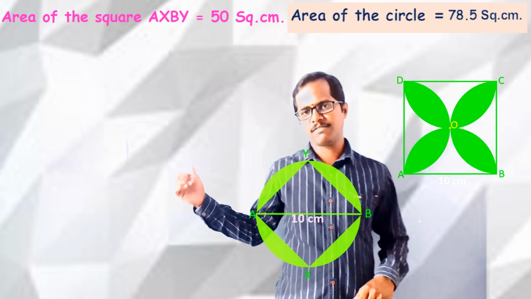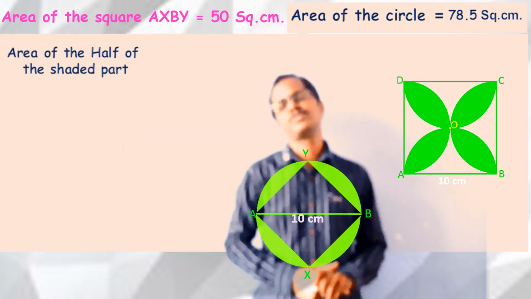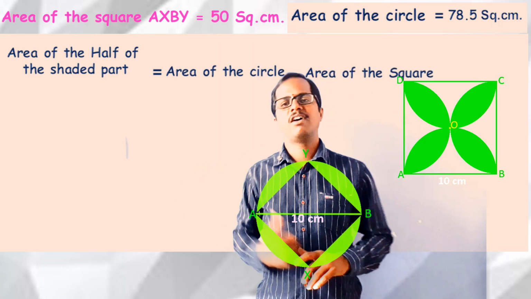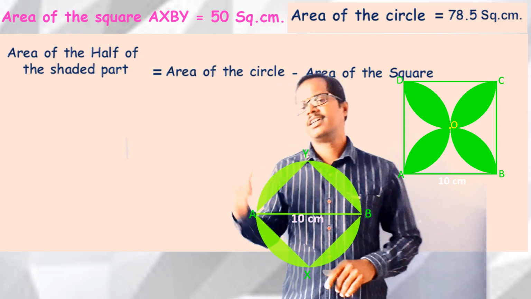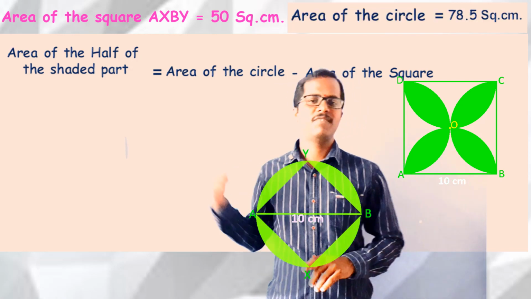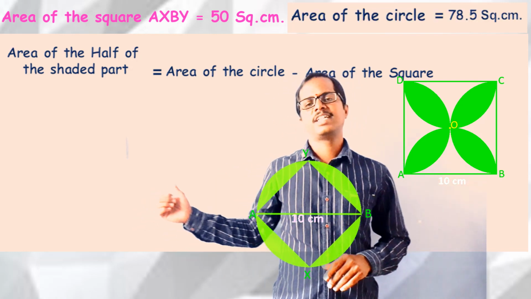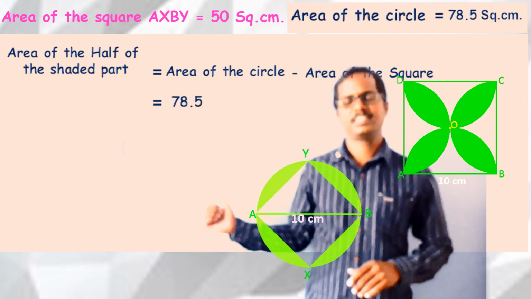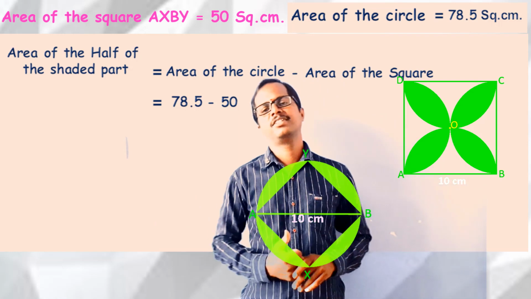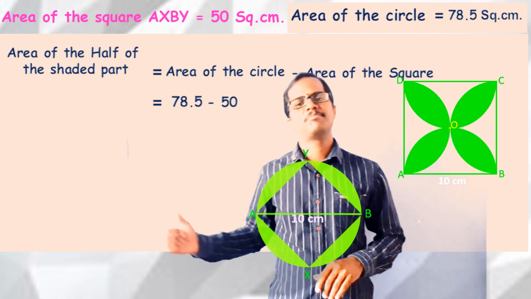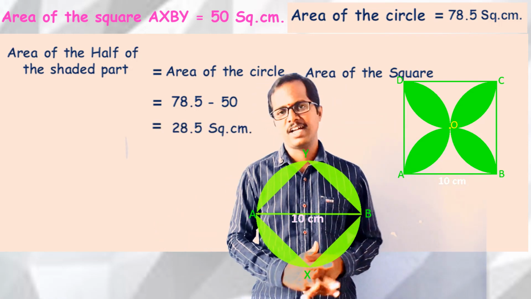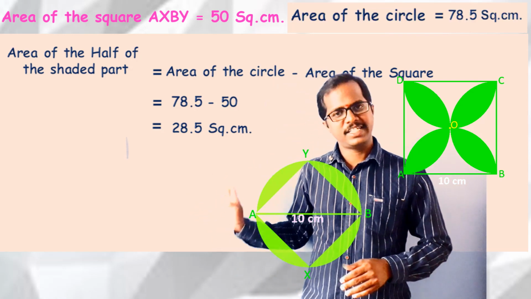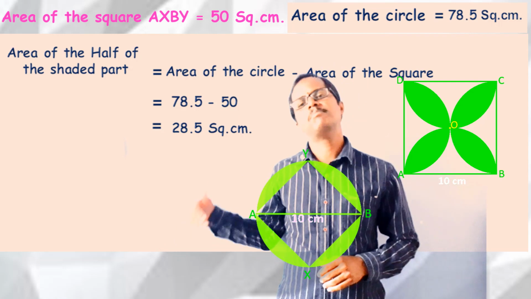So write: area of the half of the shaded portion equals area of circle minus area of square AXBY. The area of the circle is 78.5 minus the area of the square, 50. By subtracting these two we get 28.5 centimeter square, and this is half of the area of the required shaded portion.